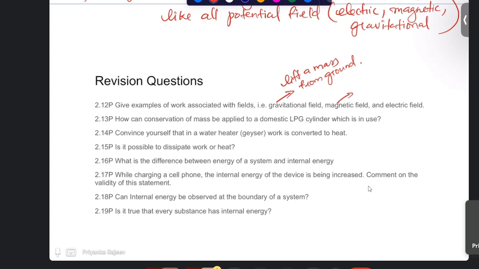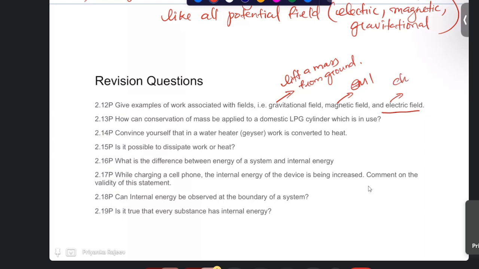Magnetic field means what? You move a current-carrying conductor in a magnetic field, or electromagnetic induction. Those things are magnetic work only. Then the electric field is what? Electricity is electric field work only. Like moving a charge.